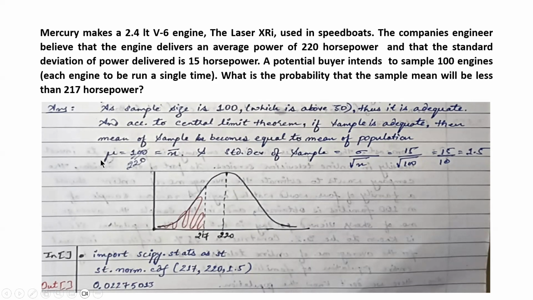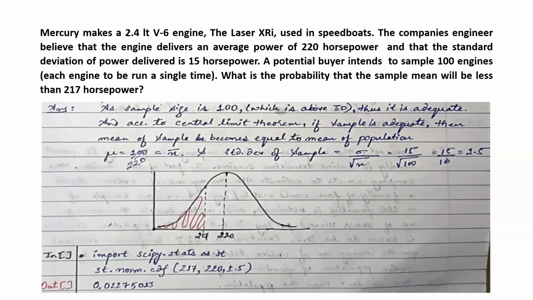For this, mu is equal to x bar, the sample mean, which is also 220, and the standard deviation of the sample will be equal to the standard deviation of the population divided by the square root of n, where n is sample size. So the standard deviation of the population is 15, sample size is 100. If we calculate it, the standard deviation of the sample will be 1.5.